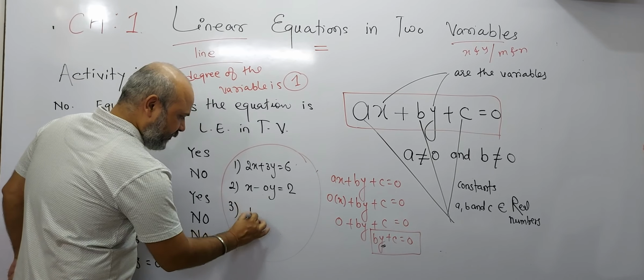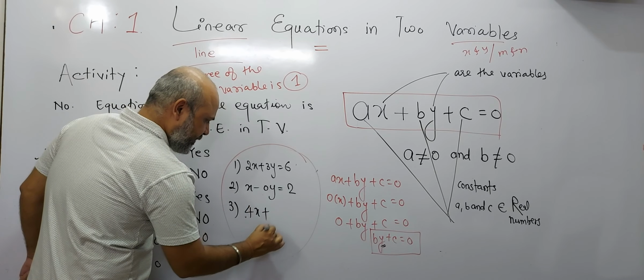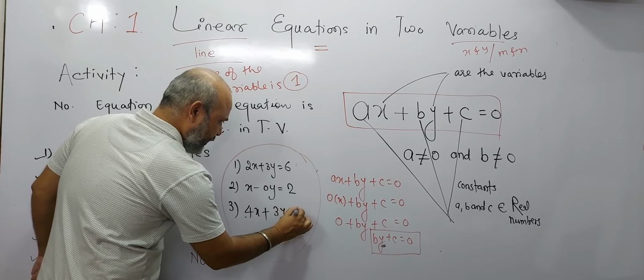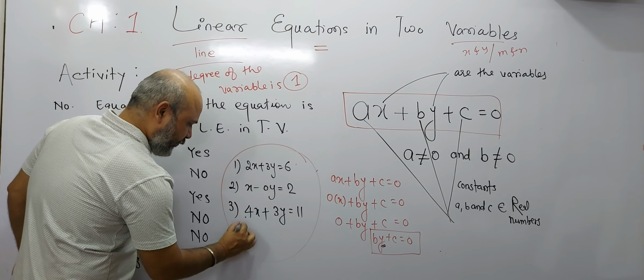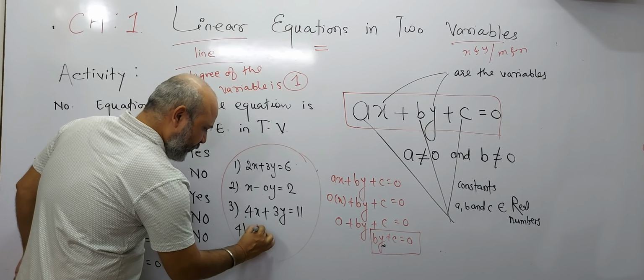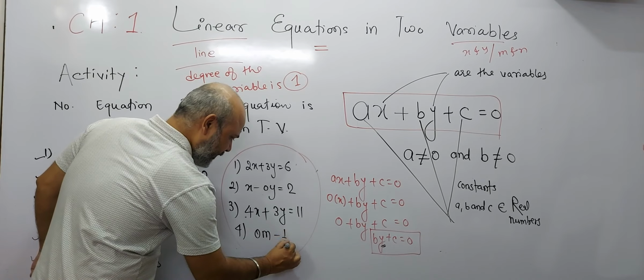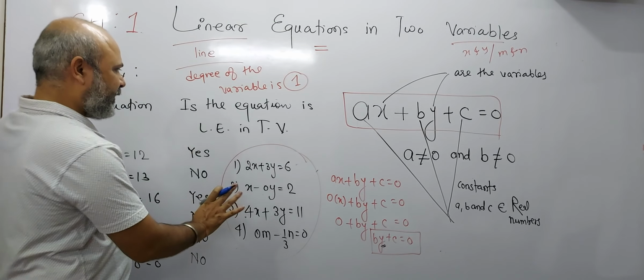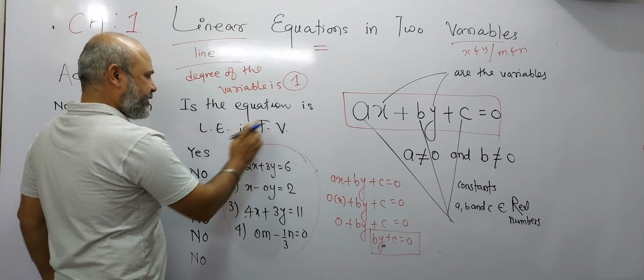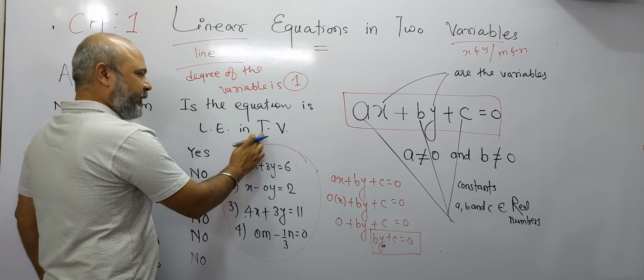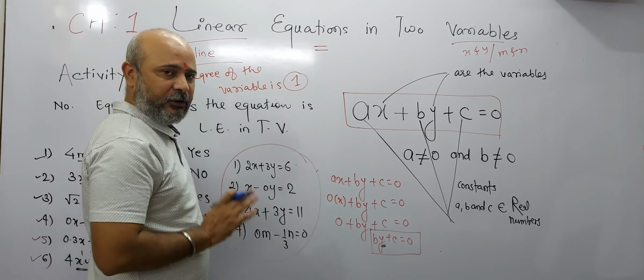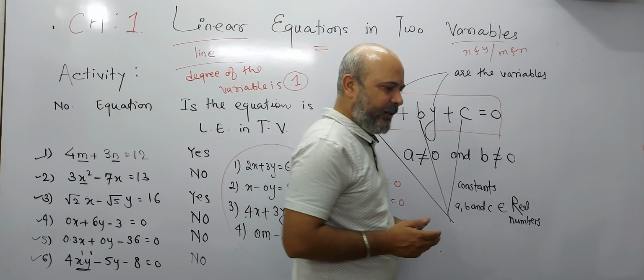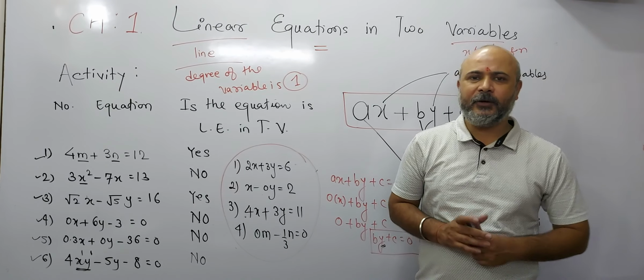Third one, 4x plus 3y is equal to 11. Fourth one, 0m minus 1 by 3n is equal to 0. You have to tell whether this equation is linear equation in two variables or not. Student, comment your answer in comment box.